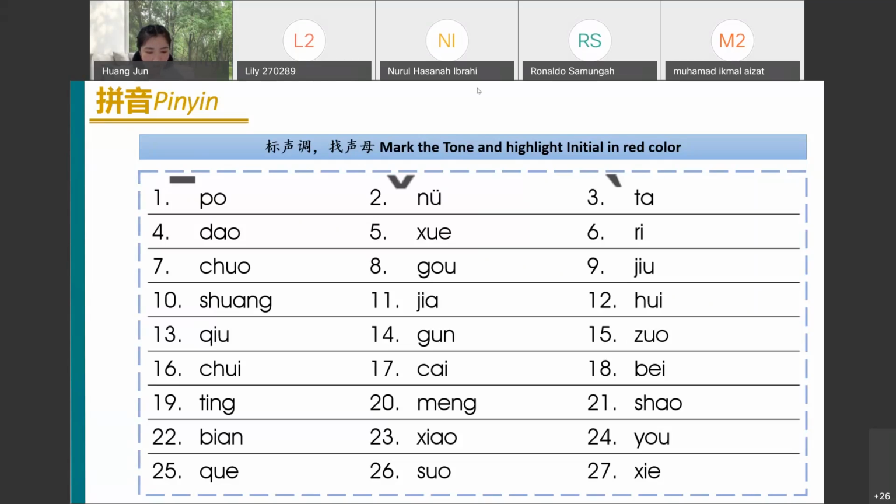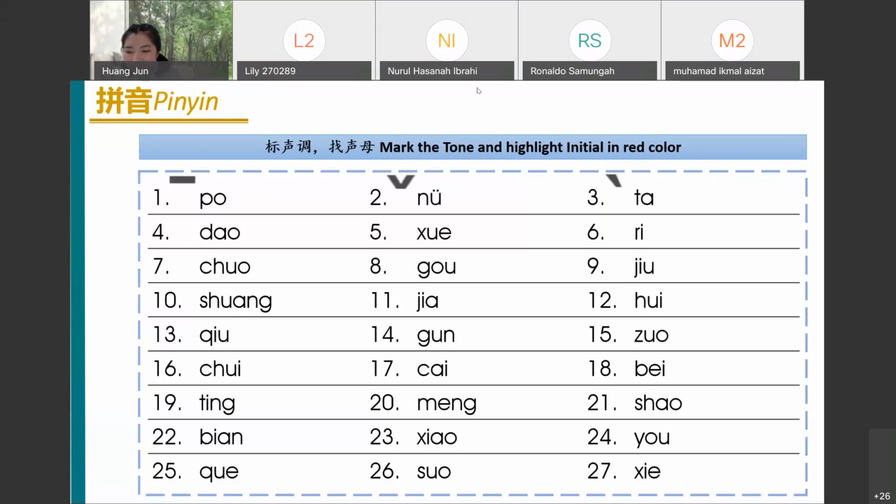For the first submission, the tone marks had 2 mistakes. Not bad. Actually, they did very well. The second submission also had a little bit of a problem with the tone marks.